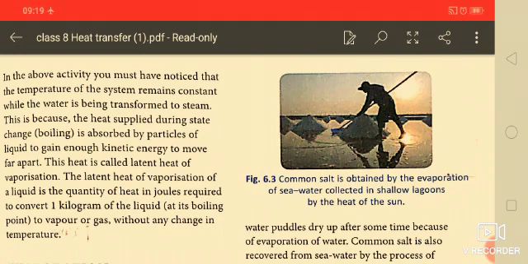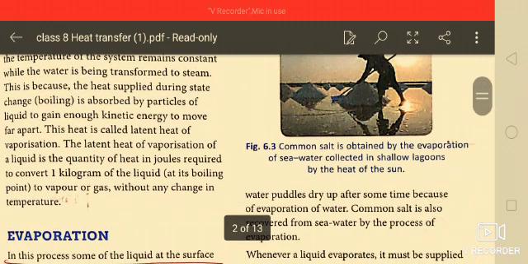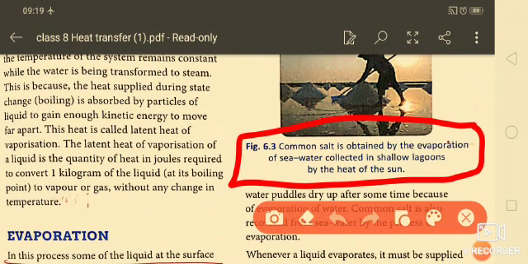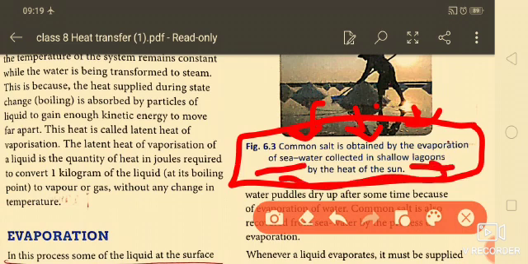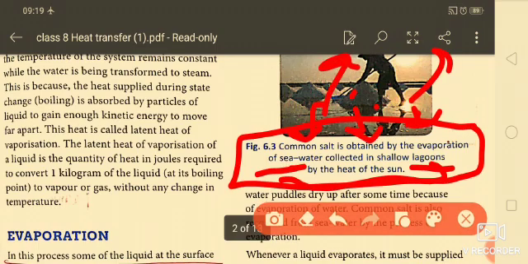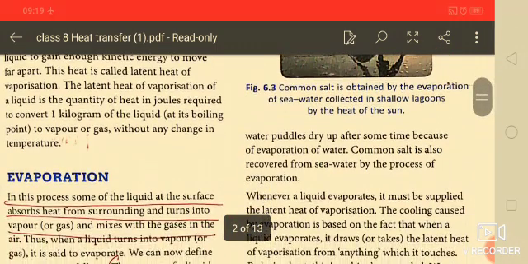Okay. Here common salt is obtained by the evaporation of sea water. Actually when sea water is evaporated, the solid materials precipitate below, and the sea water is collected into shallow lagoons by the heat of the sun, and finally when the water is evaporated, the salt remains at that place, and that is collected. Okay.